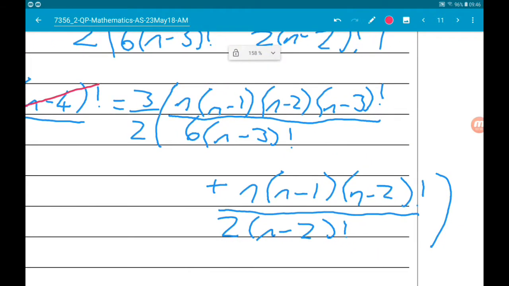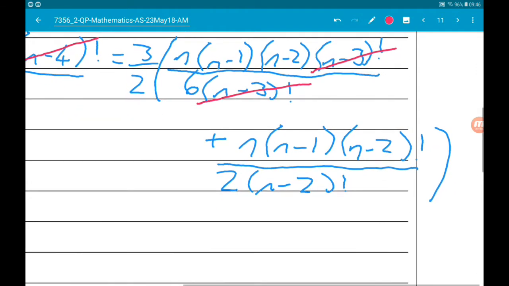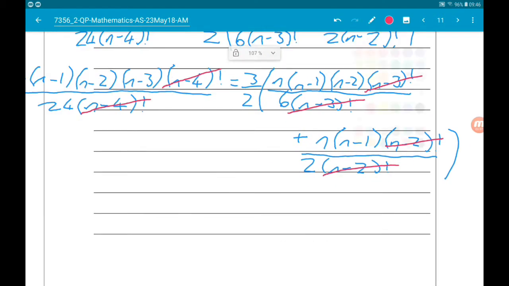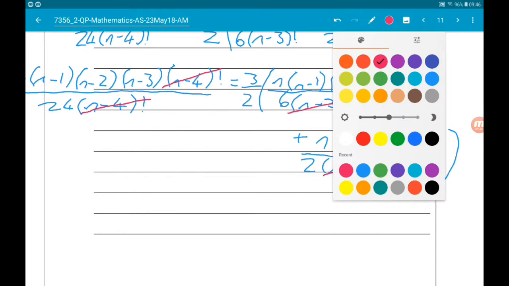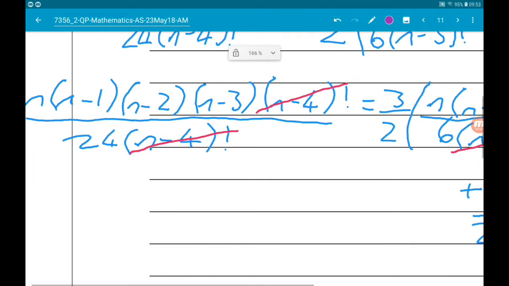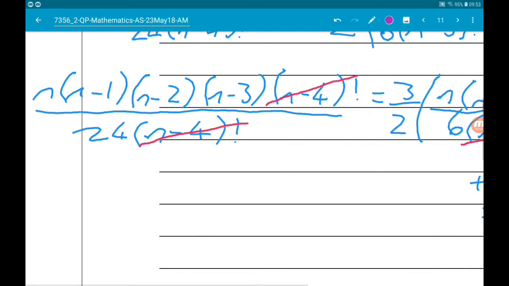In the first fraction on the right we have n minus 3 factorial, and on the last term we've got n minus 2 factorial. So we can clear this up a lot. So over on the left, the n minus 4 factorials cancel.